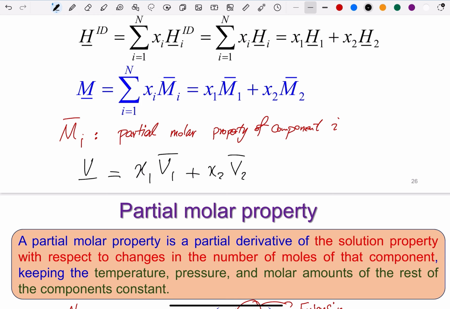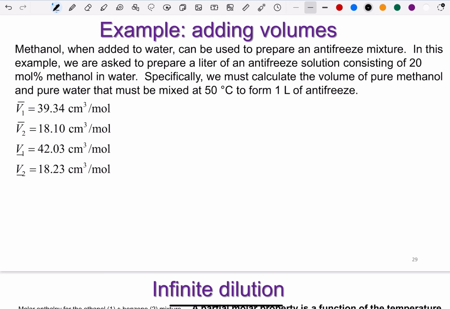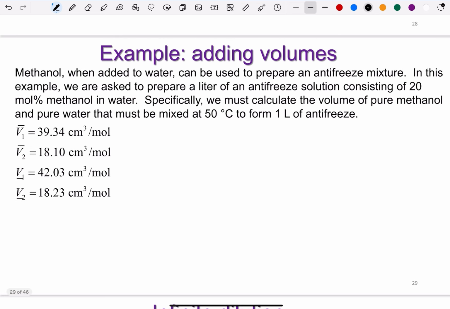Okay? So if I use that, if I call methanol component 1 and water component 2, my V of mixture is x1 V1 bar plus x2 V2 bar.